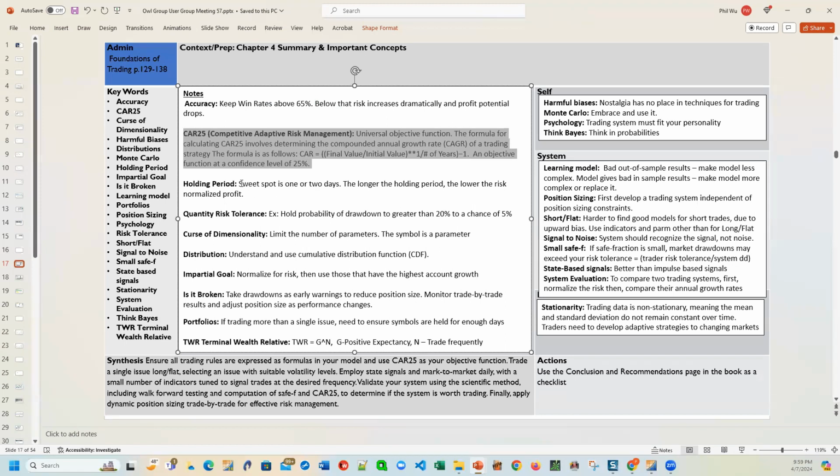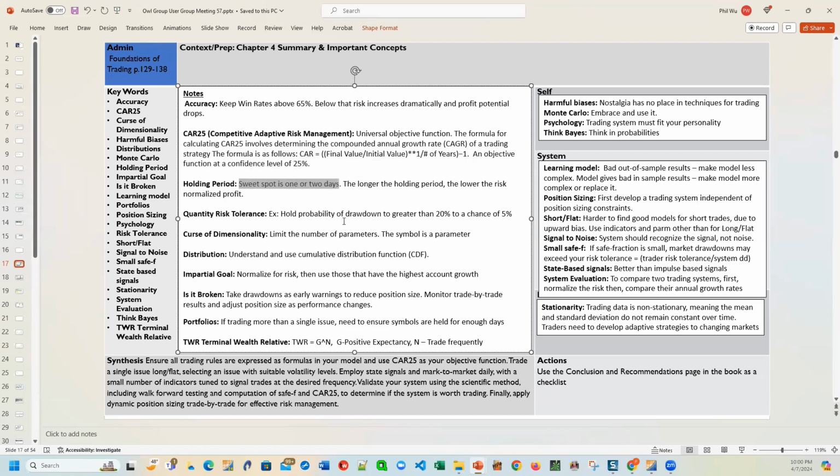One interesting thing is that he says the sweet spot for holding period is 1 to 2 days, and the longer the holding period, the lower the risk-normalized profit.